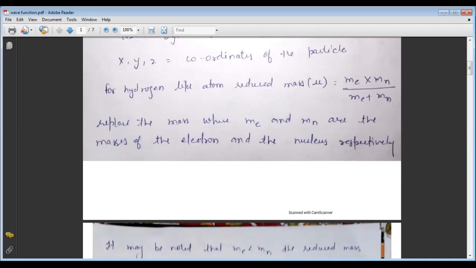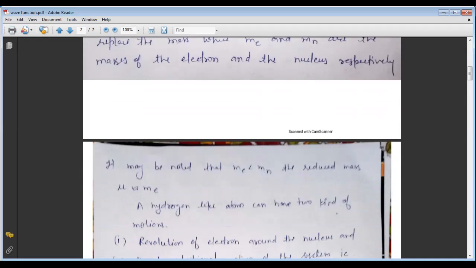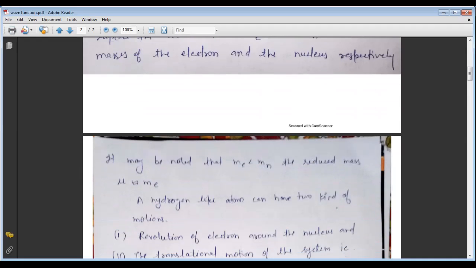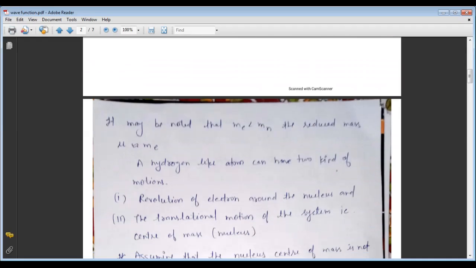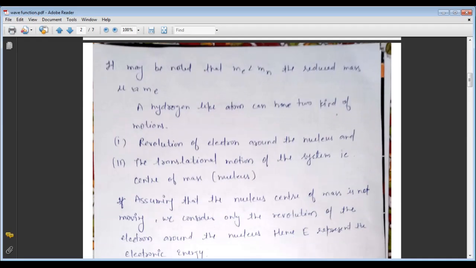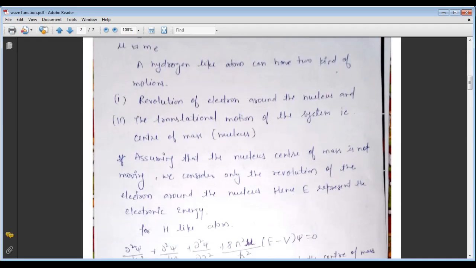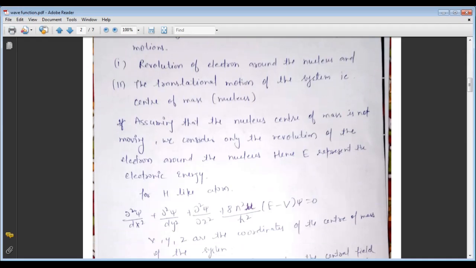We know that the mass of the electron is lesser than the mass of the nucleus, so the hydrogen-like atom can have two kinds of motion. One is the revolution of the electron around the nucleus, and the second is the translational motion of the system, or the center of mass.